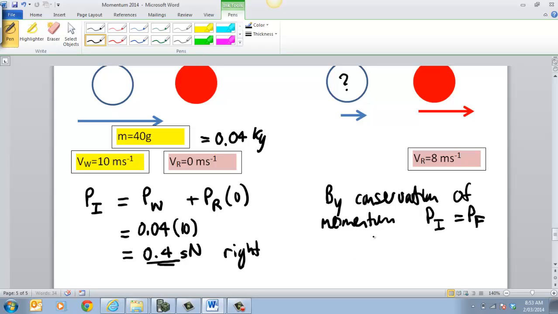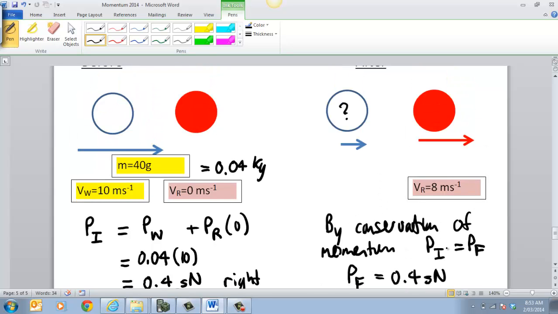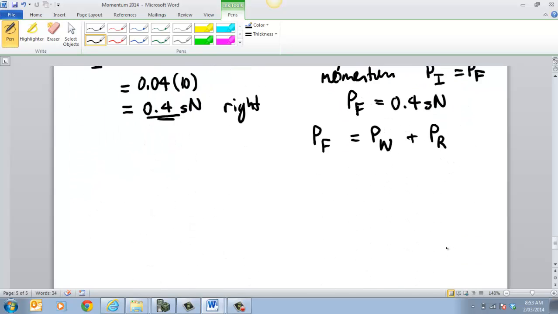So therefore, we know that our final momentum, P final, has to be equal to 0.4 kg m/s. Now, our final momentum in this particular case is equal to the momentum of the white ball plus the momentum of the red ball. Both these balls have got the same mass, so what I'm going to do in this case is just work that out.